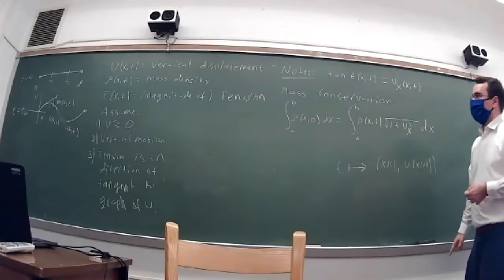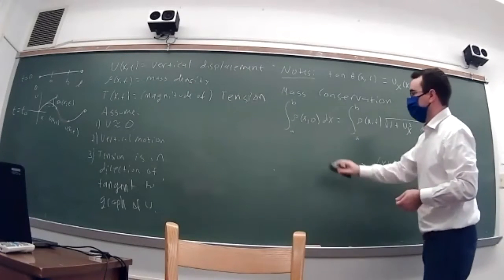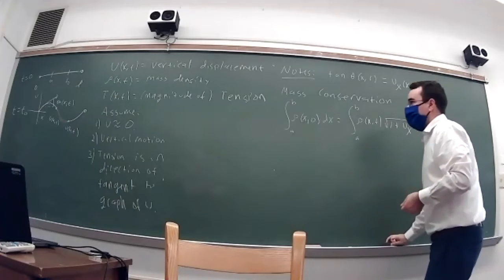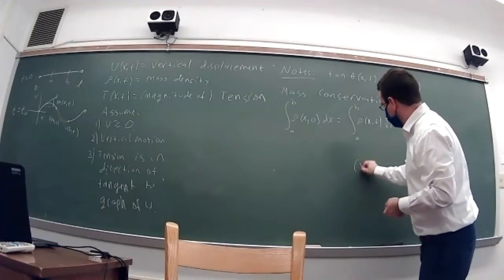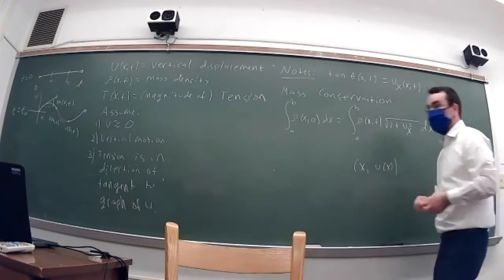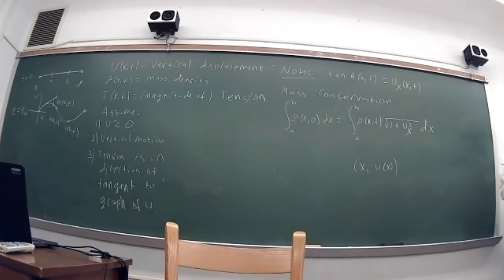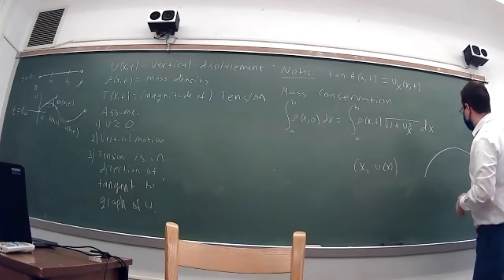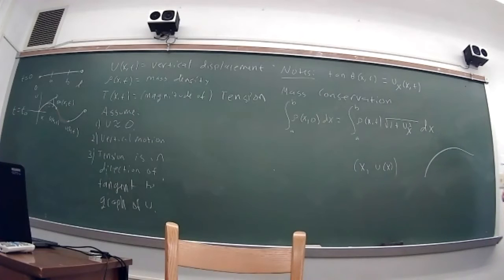But actually, I shouldn't even use t because there t is time, but here it's just a parameter. I should just say the graph is x, u of x, right? Any fixed time t is the graph. And so you want to calculate this arc length.